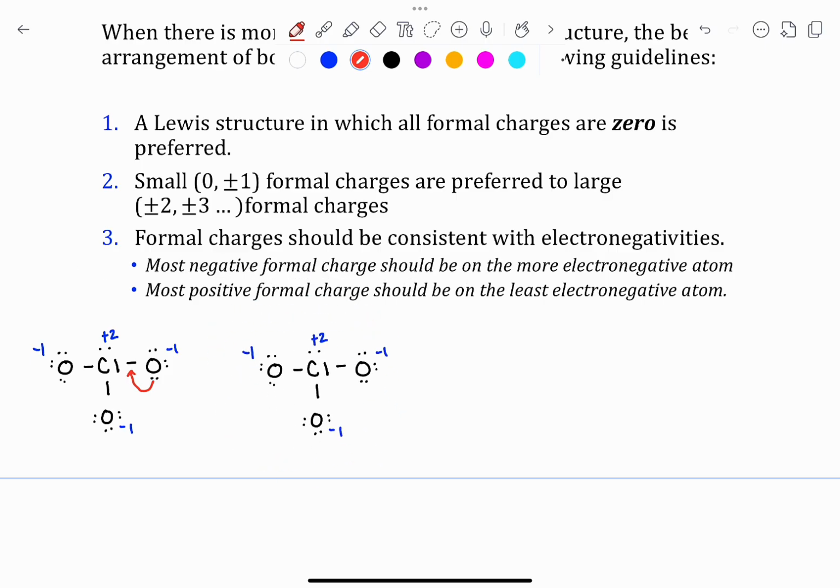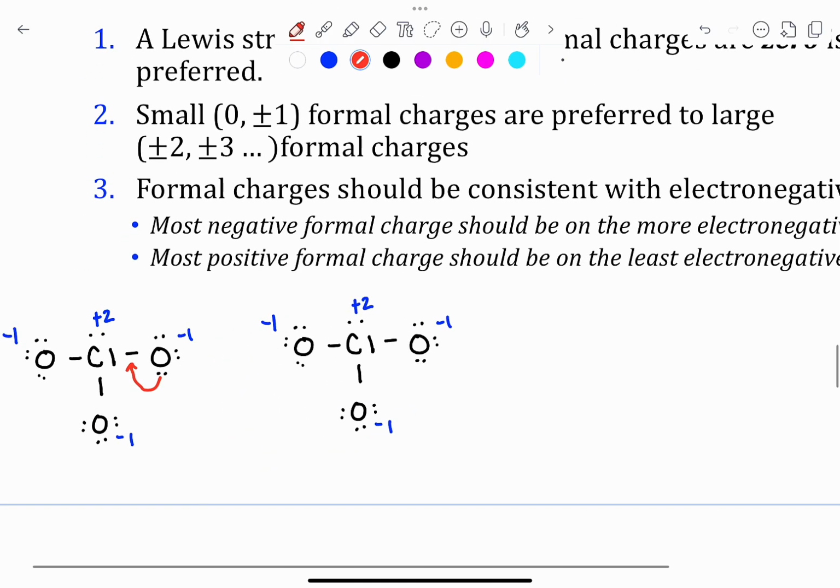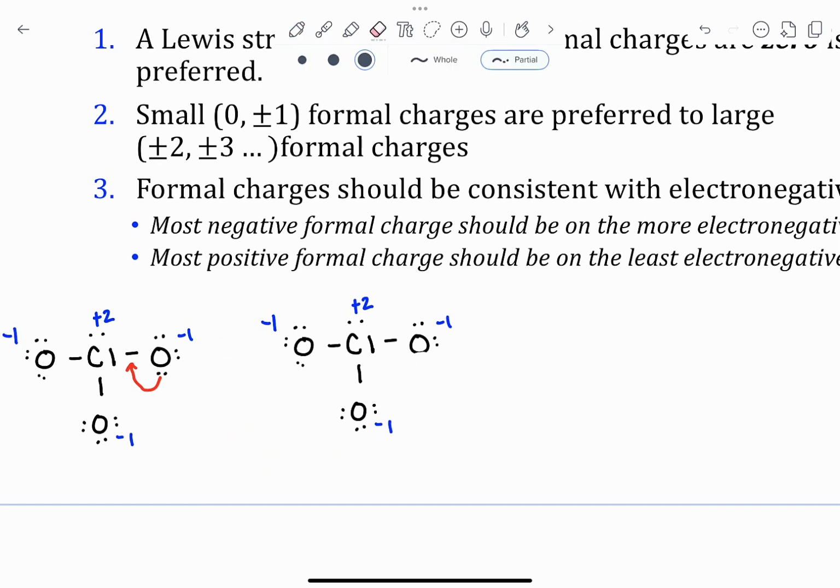Okay, so what this does is it changes our structure. So I'm going to make this change here. I'm going to change this formal charge. And it's going to look like this. So that's all I did, was I just changed one bond by moving one lone pair. But by moving one lone pair, that changes my number of associated electrons. And if I change my number of associated electrons, it's going to change my formal charge.